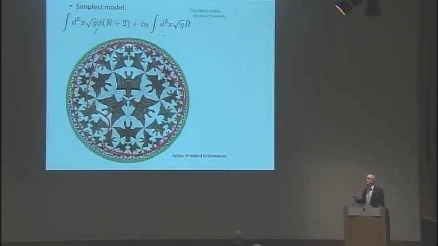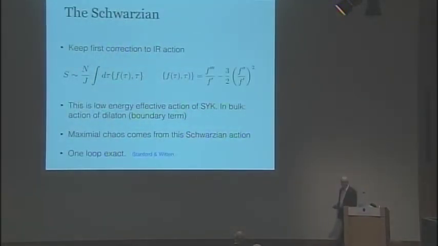The one degree of freedom remaining in this problem is how you approach the boundary, which is a full function of tau, tau being the parameter along this circle. The dynamics of that degree of freedom is the dynamics of pure Einsteinian gravity in AdS2, and can be shown to be exactly the dynamics of the SYK model.